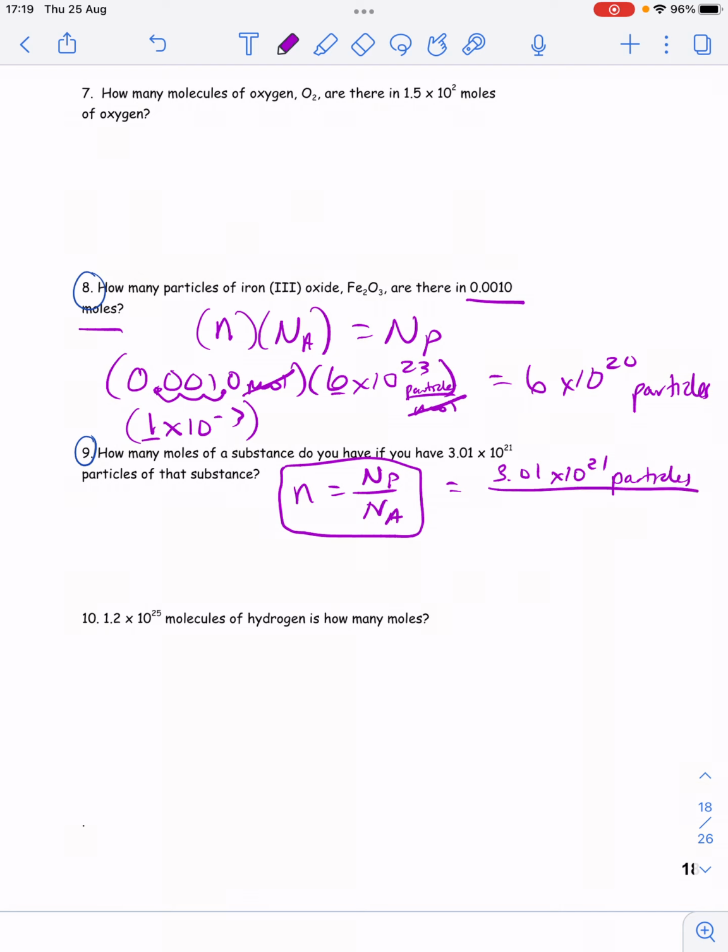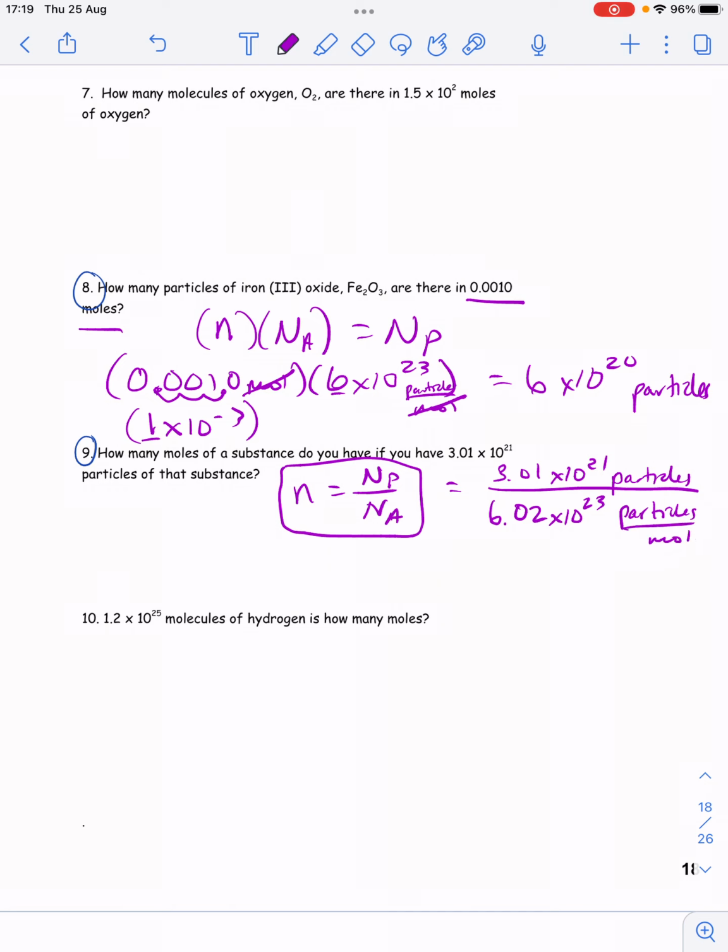Now, if they use 3.01, it's because Avogadro's number is really 6.02 or 6.022 times 10 to the 23rd. And so in that case, I would include the 0.02. Most of the time you can just treat it like a 6 because you don't have a calculator. But if they're going to go ahead and use like a 0.01 or a 0.02, then you should do the same so that it matches and makes the math easier.